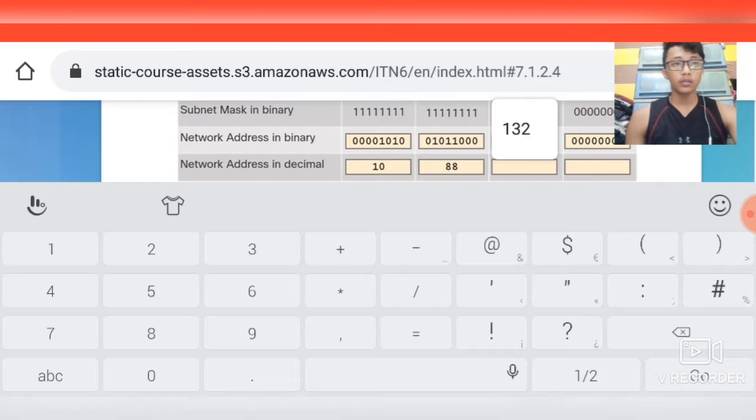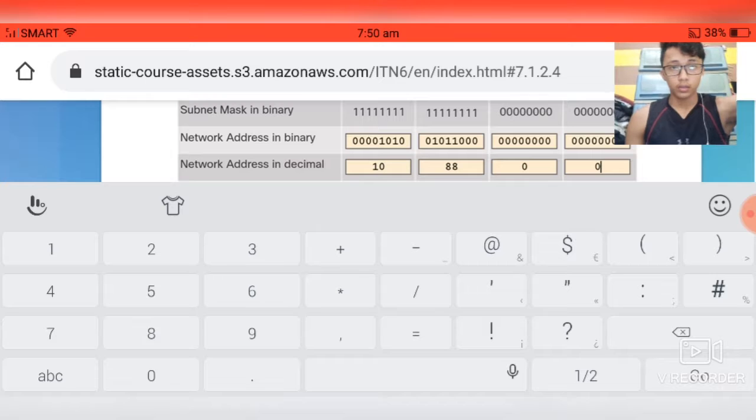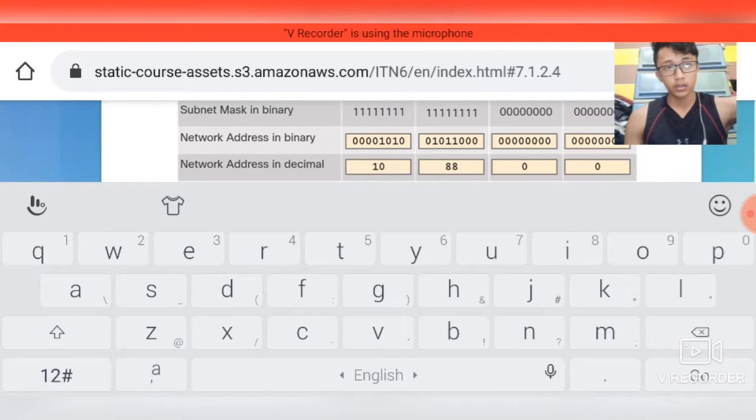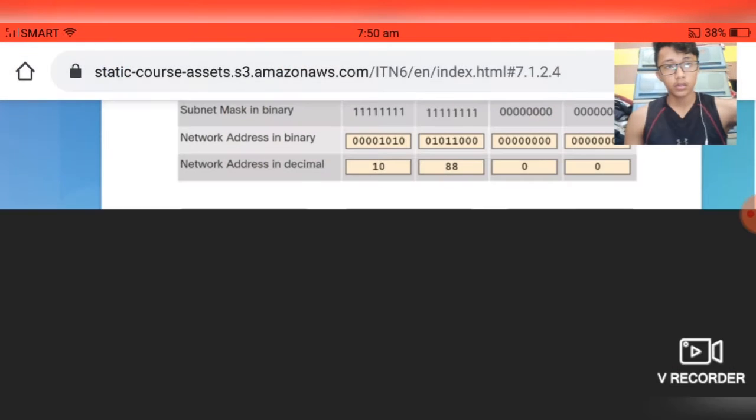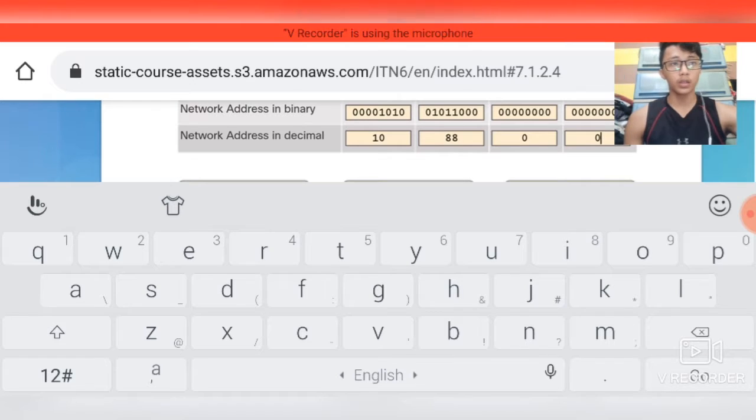Then this will be all 0 because the binary is 0. So I'm going to check if it is correct. So check, correct. We have successfully answered this activity.